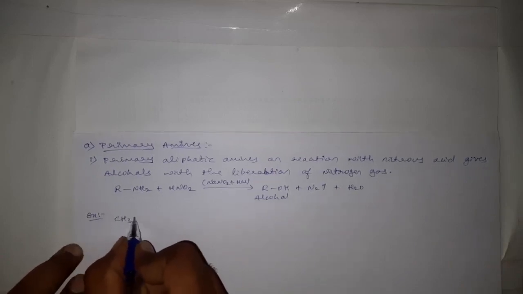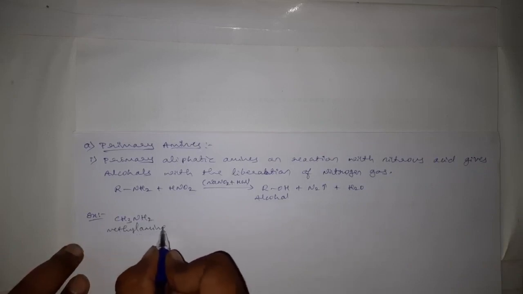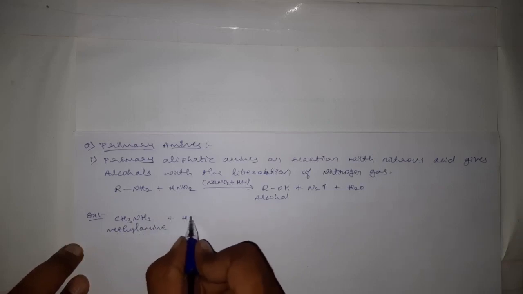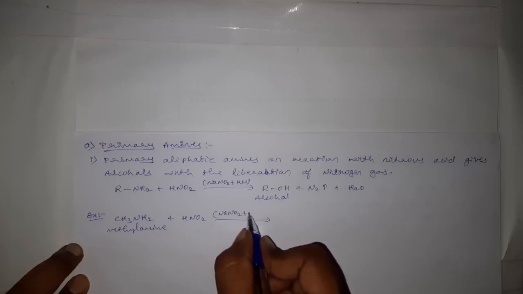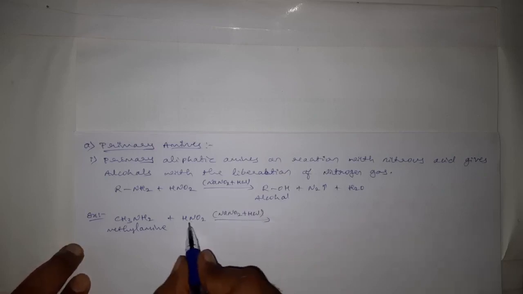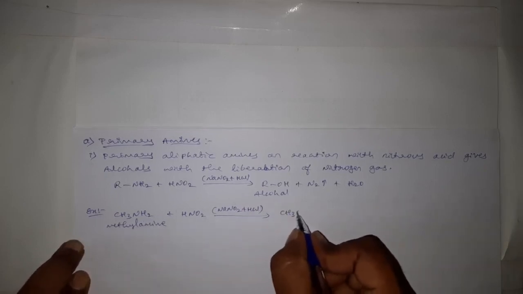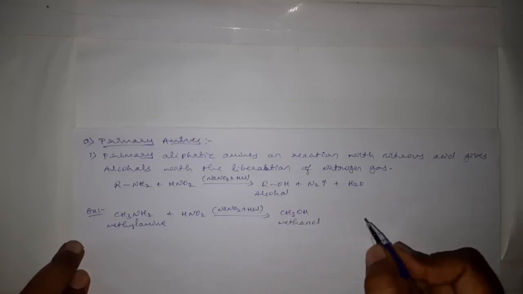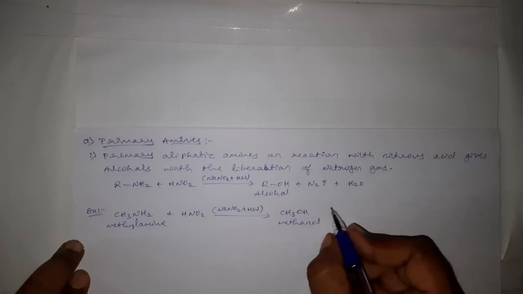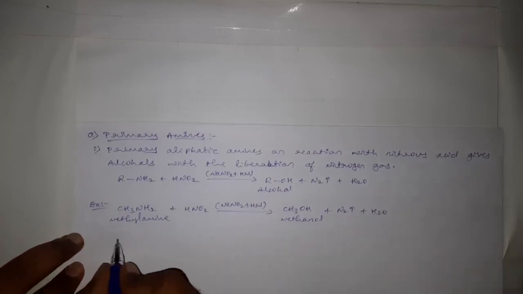When methylamine, an aliphatic amine, is treated with a mixture of sodium nitrite and HCl, HNO2 will form, and this will react with this methylamine to form the corresponding alcohol, that is methanol or methyl alcohol, along with the liberation of nitrogen gas. Or we can write C2H5NH2.